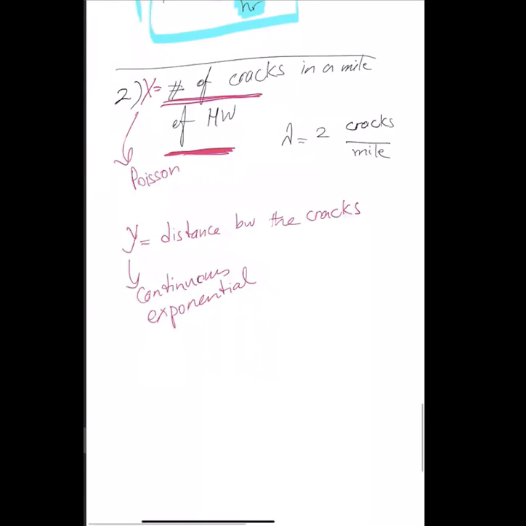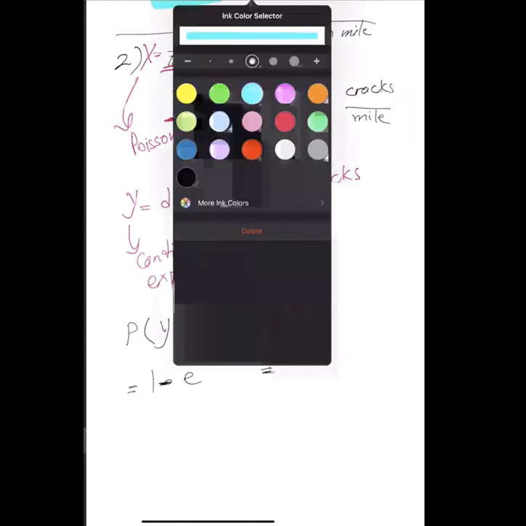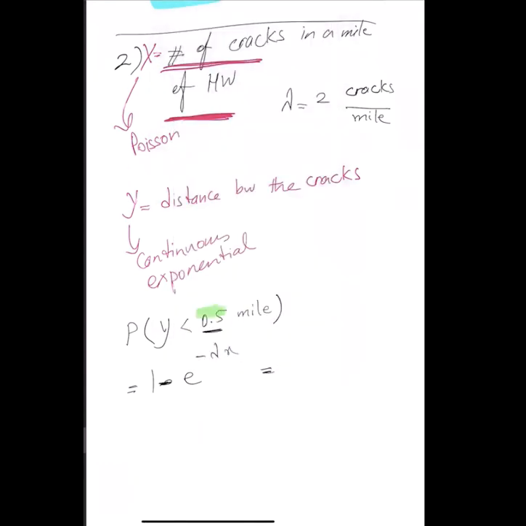So if I ask you what is the probability that the distance till the next crack is less than, I don't know, half a mile, then it is 1 minus e to the power of minus lambda x. Your x is obviously 0.5, but all is good because your x is in miles, your lambda is in miles too, cracks per mile.